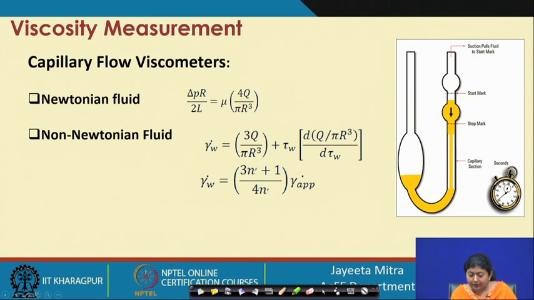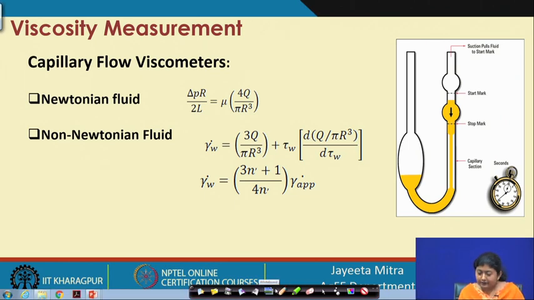We can also consider here gamma dot apparent equal to 4 Q by pi R cube, because we have taken gamma dot equal to 4 Q by pi R cube in case of the Newtonian fluid.